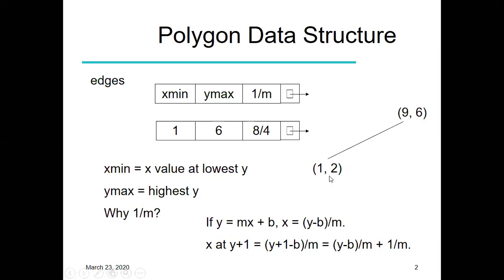Calculate m. What is m? y2 minus y1 by x2 minus x1, 6 minus 2 by 9 minus 1, that is 4 by 8, and apparently 1 by m will now become 8 by 4. This is the initial mathematics that we need to do, and the algorithm says to repeat this for every scan line, which we shall do right now.